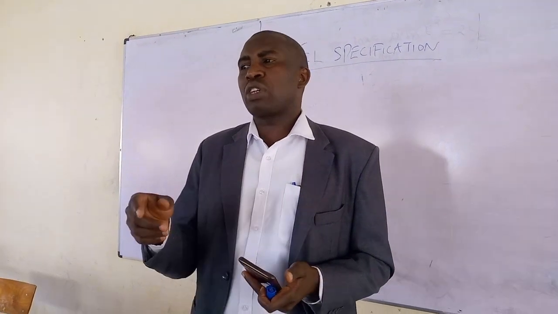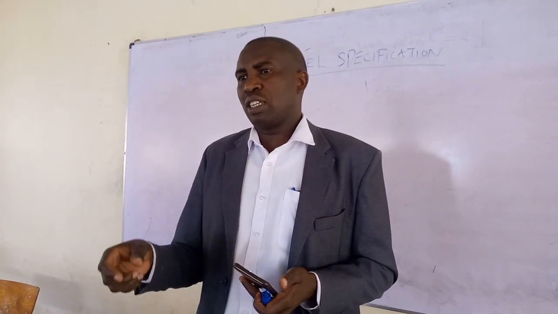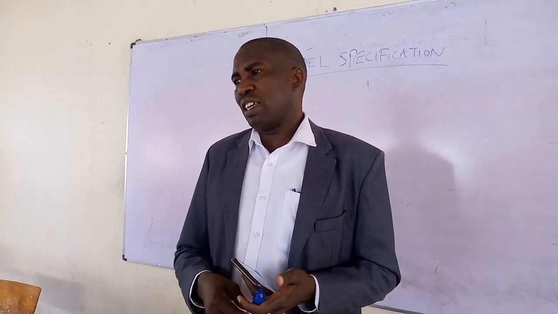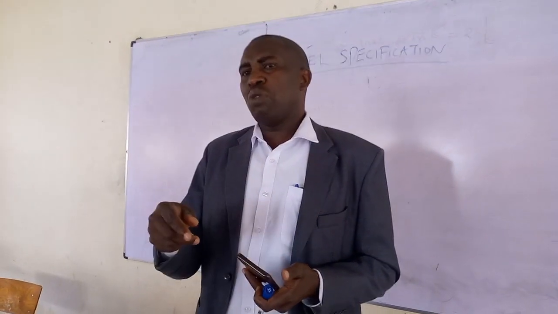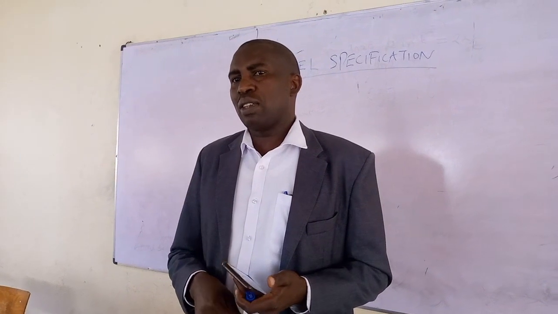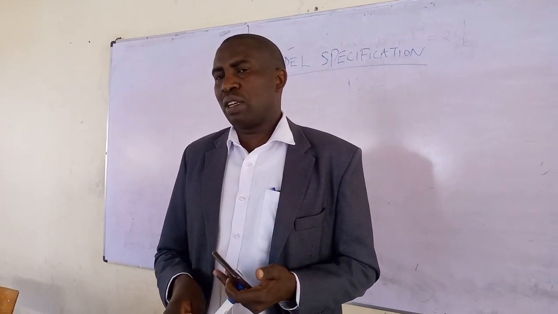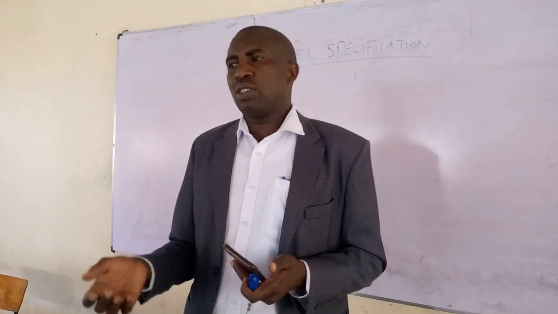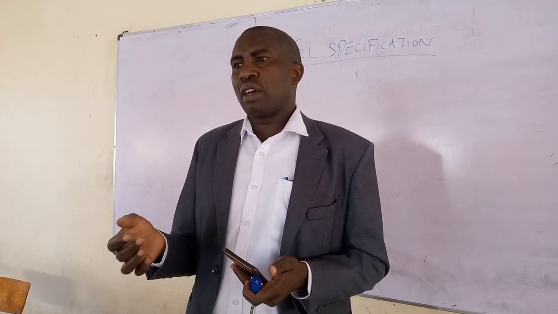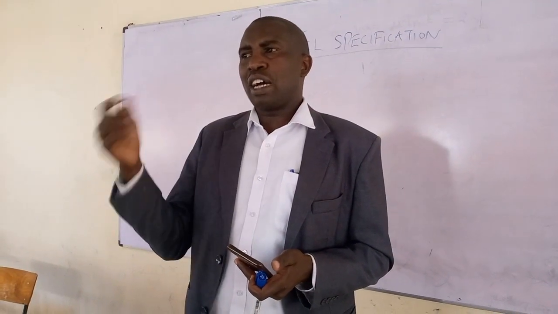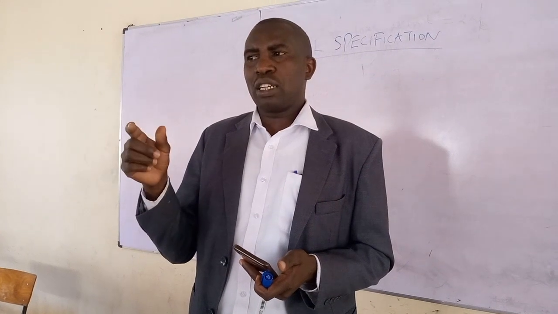Then we looked at how you can detect it, and we ended by looking at the remedies. In the same way, we'll also do it for model specification. So I've told you what it is, for example, not getting the right model.